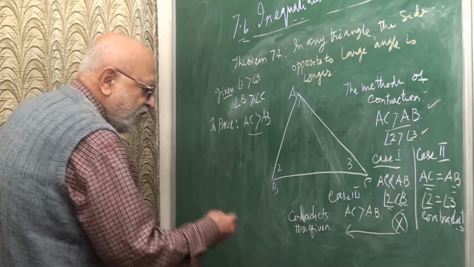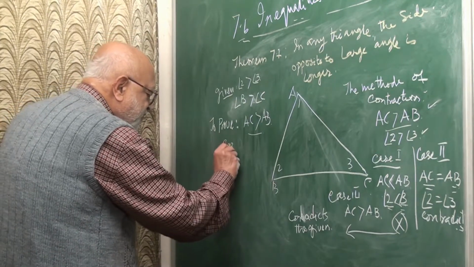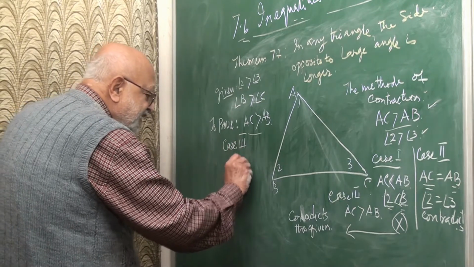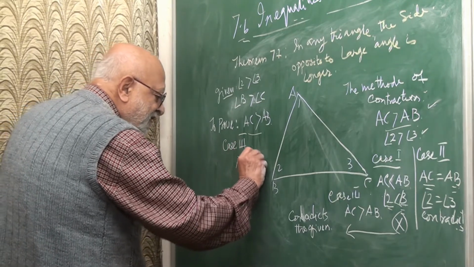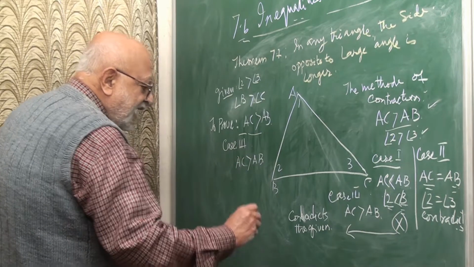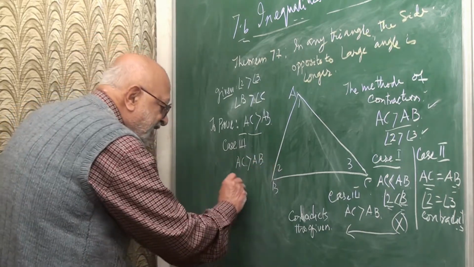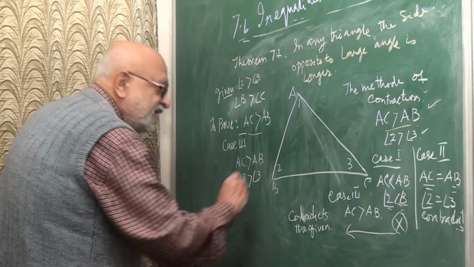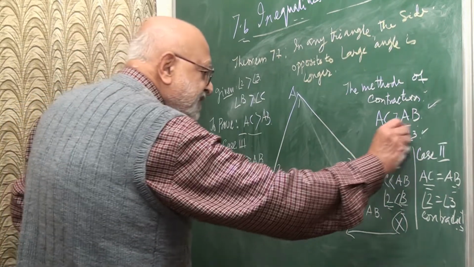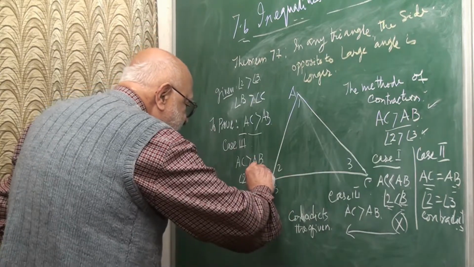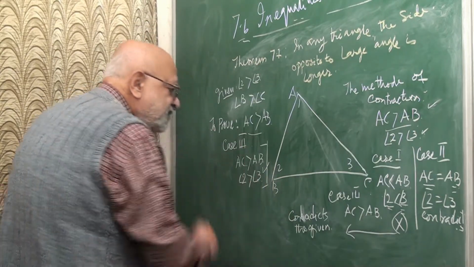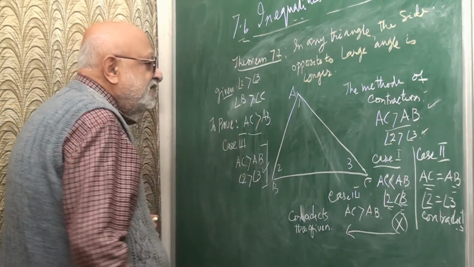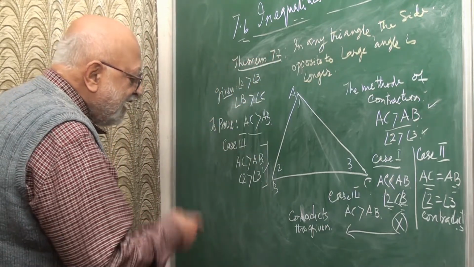Let me take out case 3 here, so I don't have to erase that. In case 3, AC is greater than AB, that is angle 2 is greater than angle 3. So this is the only possibility. So theorem 7.17 has been proven in totality.